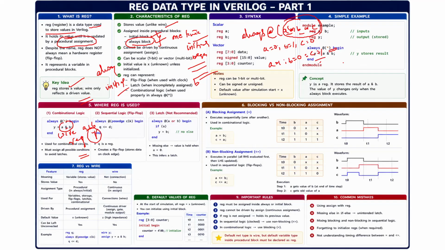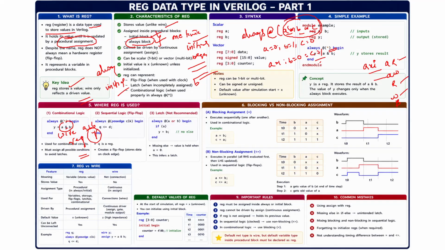Suppose we have a large number of signals in the sensitivity list. If you consider the AXI protocol, the AR channel is there, AW channel, R channel, W channel, and B channel. That means response, write data, read data, write address, read address. Each and every channel has its own signals.